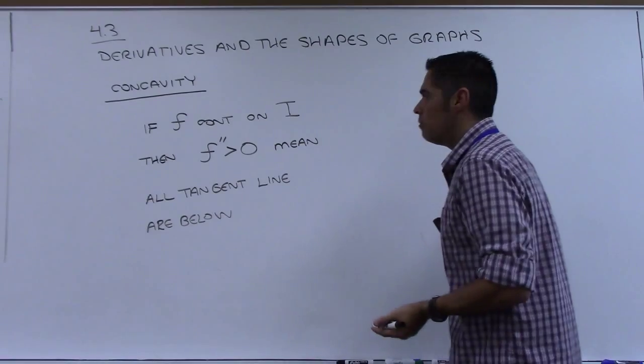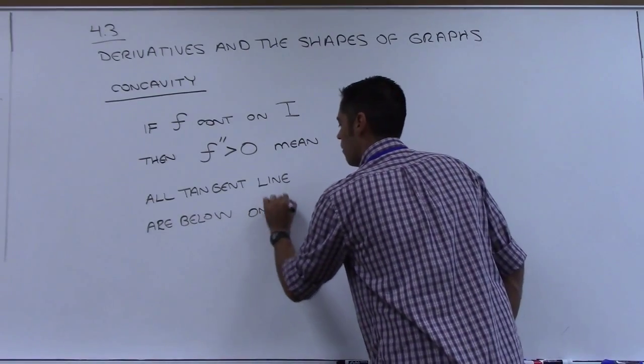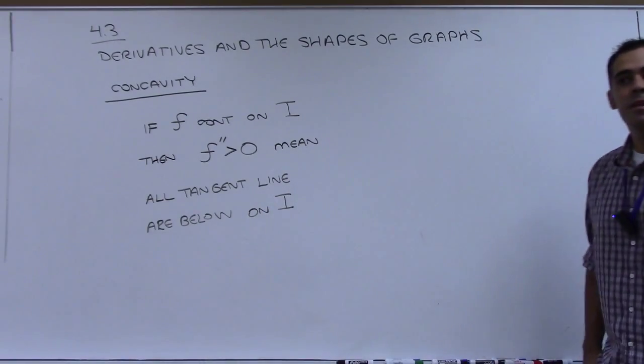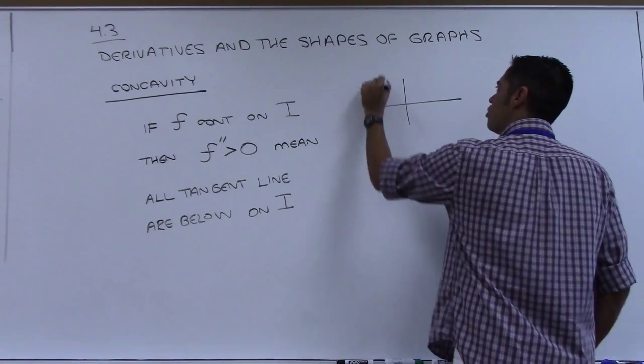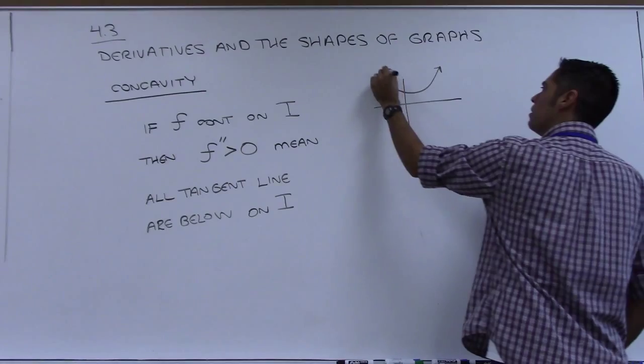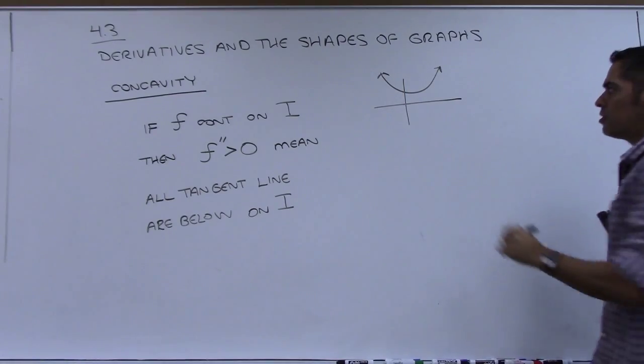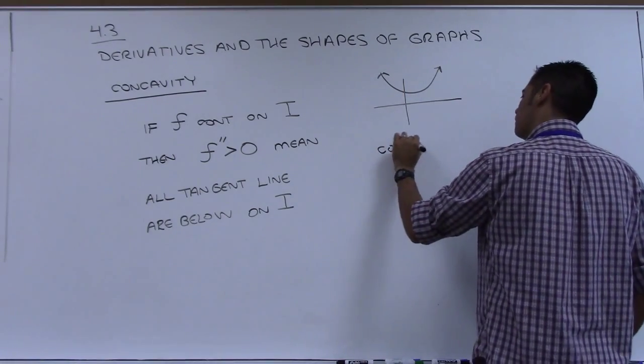Now, what does that really mean on I? What does that really mean geometrically? It means that the shape has to be something like this, which is called concave up.